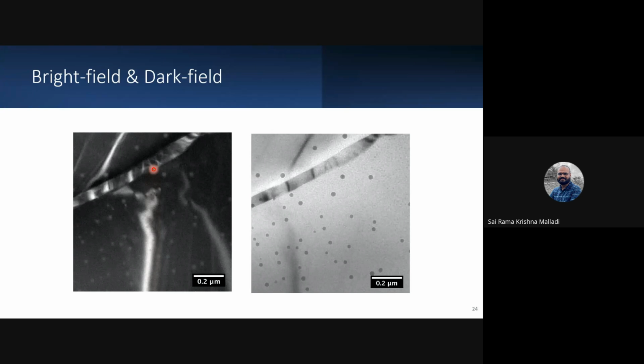If I want to image the defects, this mode of imaging called dark field mode works better because the defects are specifically visible by orienting the sample by satisfying certain crystallographic criteria.